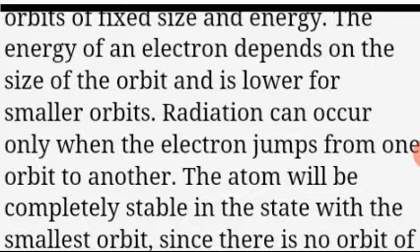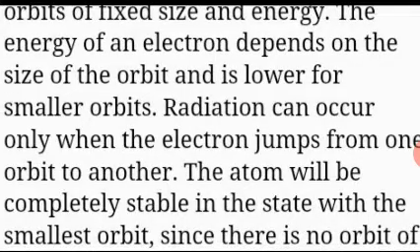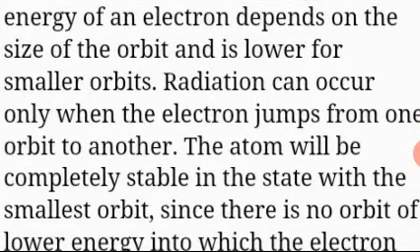The energy of an electron depends upon the size of the orbit and is lower for a smaller orbit. Radiation can occur only when the electron jumps from one orbit to another.